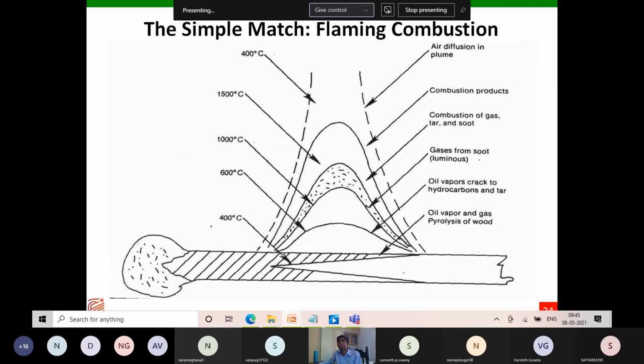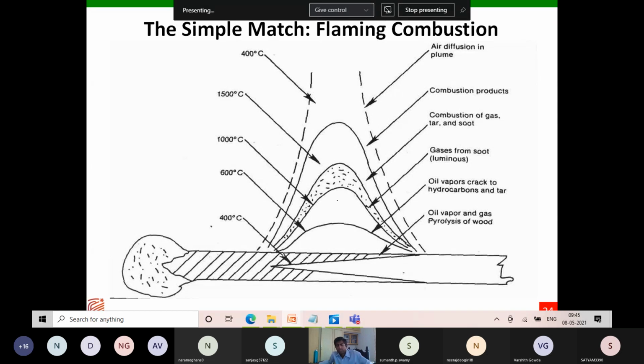The soot is a blackish product that is seen on the matchstick. The combustion of gases gives rise to tar and soot. So the smoke that comes out, these are all the combustion products. You can see the various temperatures at which these different technologies take place when the matchstick is burning.